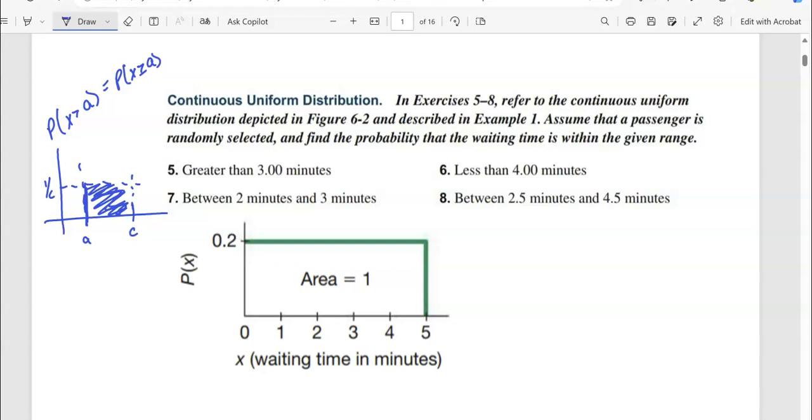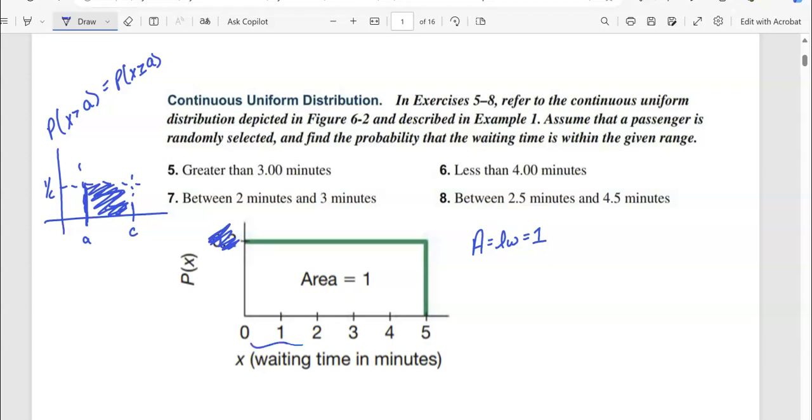So here we've got this continuous distribution. They're telling us the area is equal to 1. So from here to here is 5. It would make sense from here to here that would have to be 0.2. Even if we didn't know what that was, we could figure it out because we know the area has to be equal to the length times the width because it's a rectangle, and it has to be equal to 1.